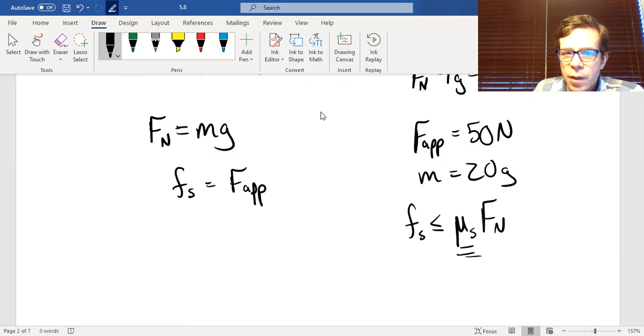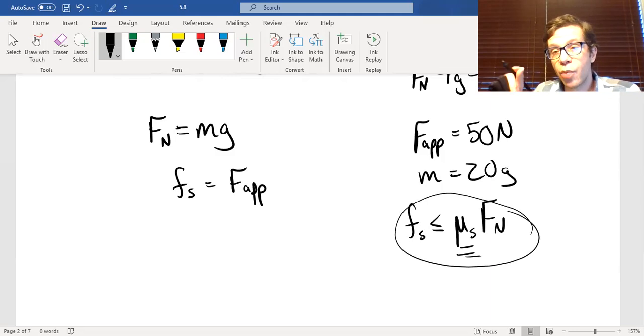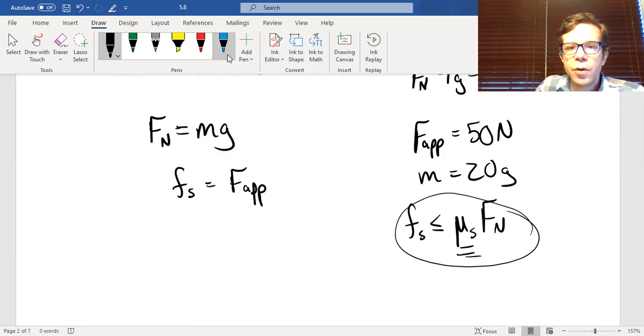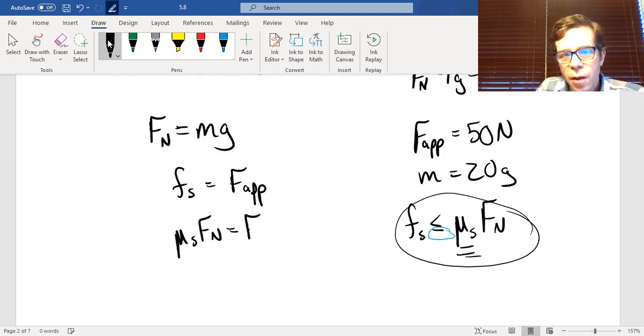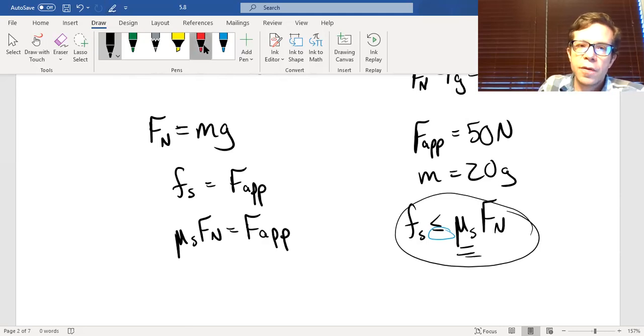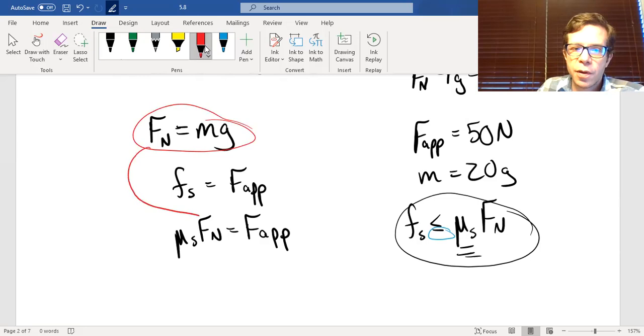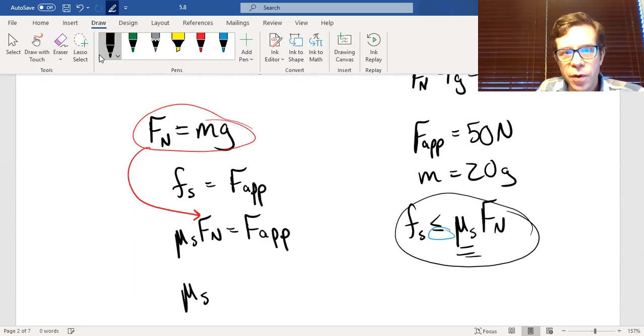So what can we combine? Well, if we insert this for static friction, and we're looking at that break point, we can actually use the equality part. I'm going to say that mu s times Fn is equal to the applied force. Now these equations are connected, because I can plug this in for the normal force here. We've got the coefficient of static friction times mg is equal to the applied force.